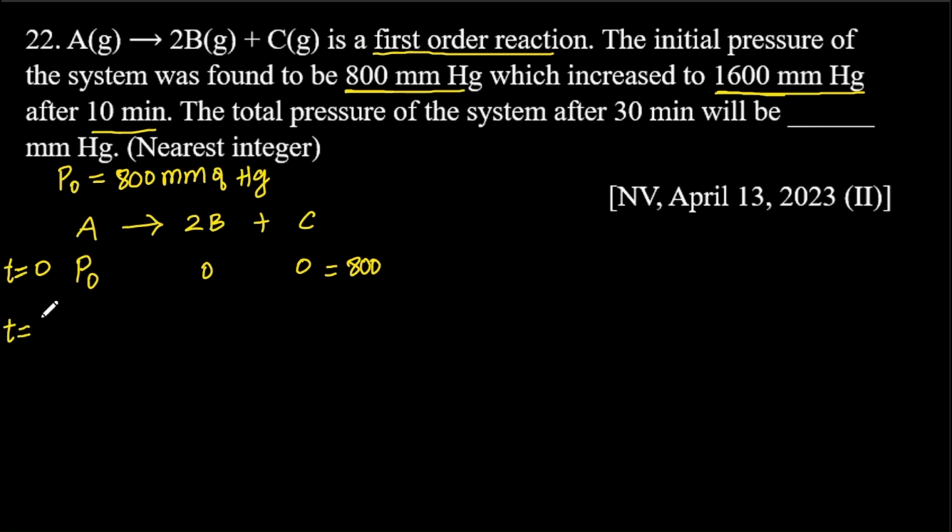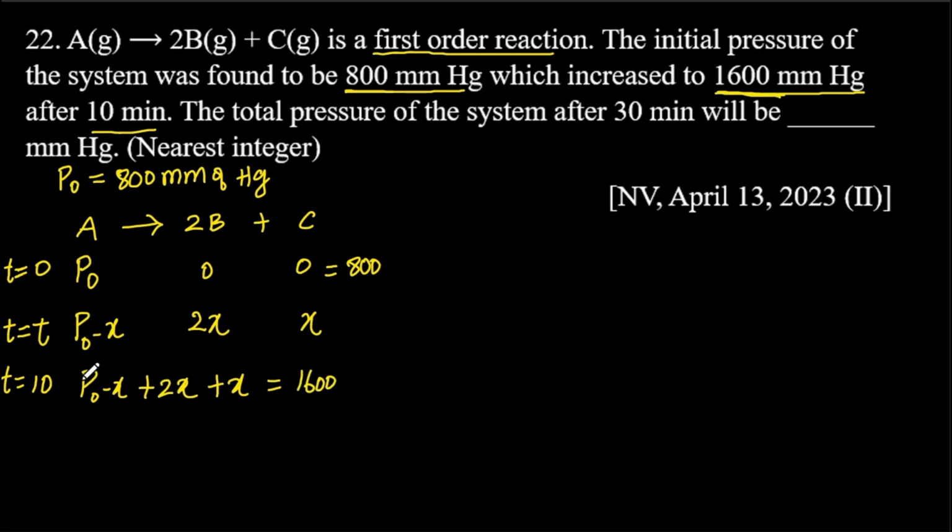So after some time, t equal to t, the partial pressure of A decreases by x, the partial pressure of B increases by 2x, and for C also it increases by x. Now at time t equal to 10 minutes, P0 minus x plus 2x plus x is equal to the total pressure of the system, that is 1600. So we have to solve this to find the value of x.